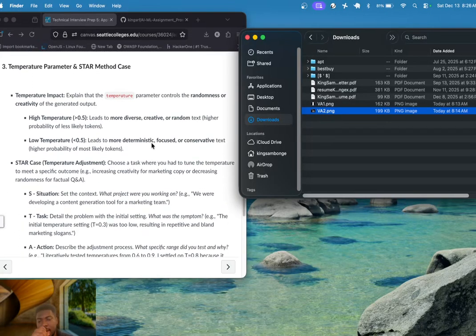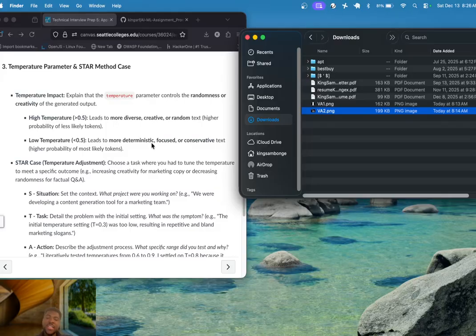Temperature. In simple terms, temperature controls the randomness, or I guess creativity, of the model's output by influencing the probability distribution of the next predicted word.